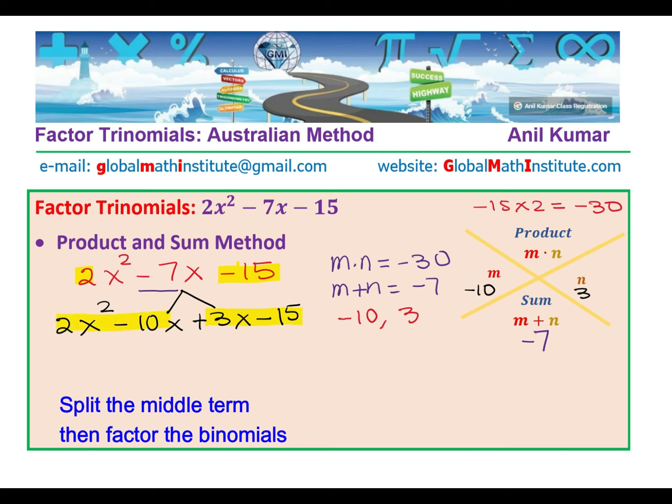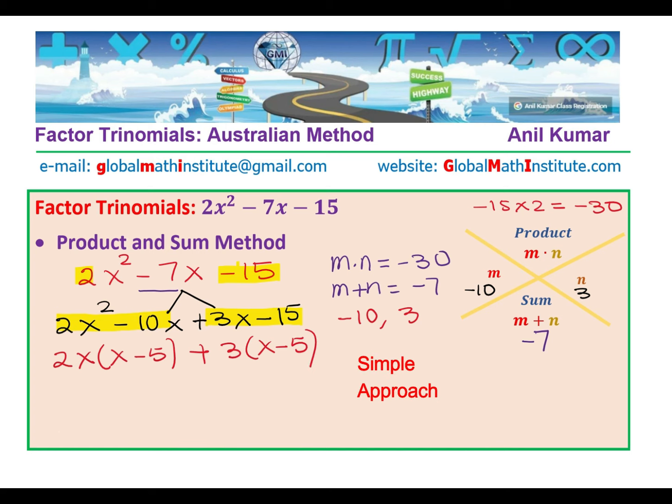If I factor 2x squared minus 10x, I get 2x common, which gives x minus 5. Plus 3 is a common factor here, which also gives x minus 5. Now we can take x minus 5 as a common factor and we get the result, which is 2x plus 3.